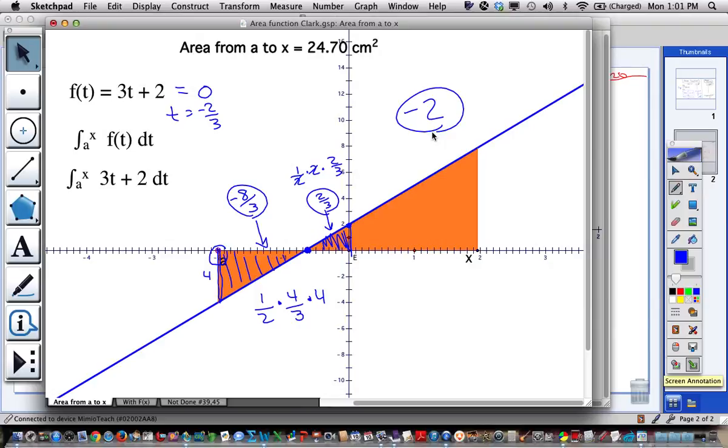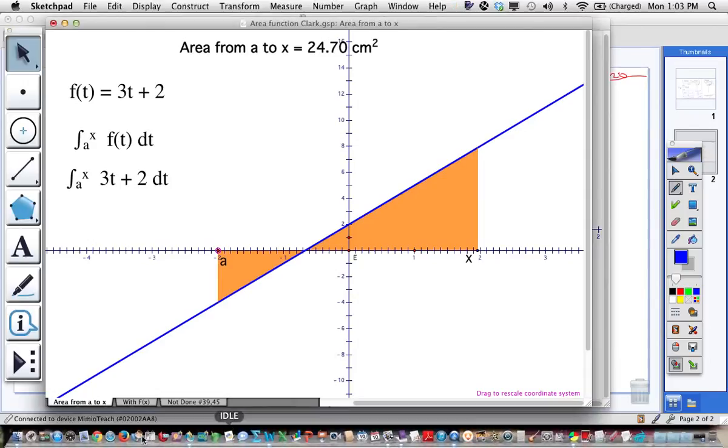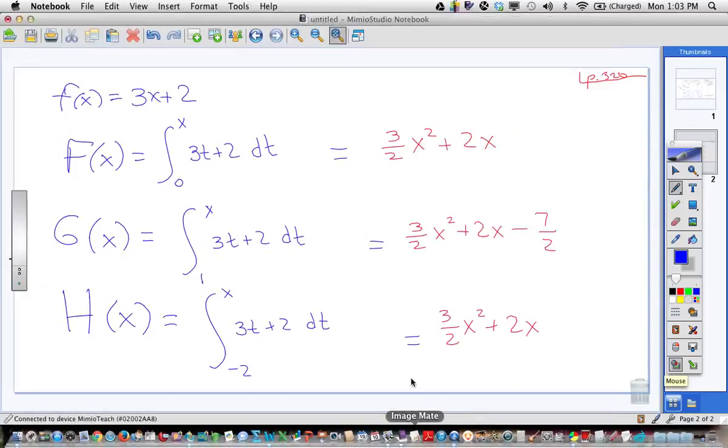So we've added -2 to the original function. So if we go back to what we had, here was our original. This new one's got to be 2 less than that, so it would be negative. And you'll see in a minute when I start talking about C how that affects it, when we think about that area, whether it's positive or negative, we have to think about that C. Okay?